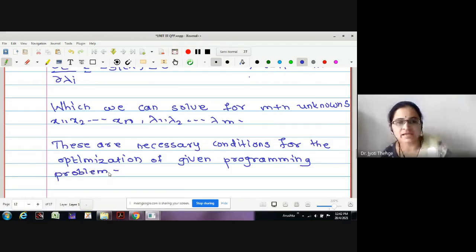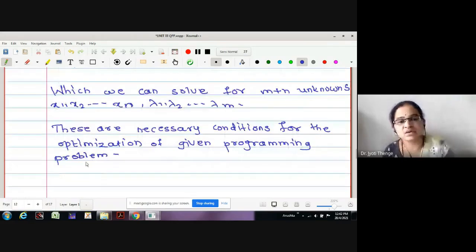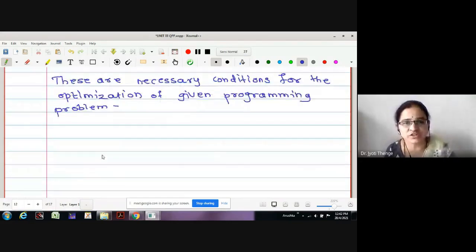And lastly, we will just write one statement. Here we are saying the conditions are necessary only, but what about sufficiency?